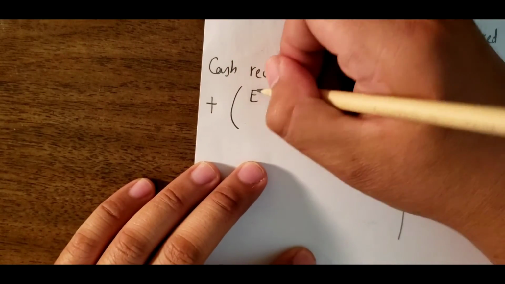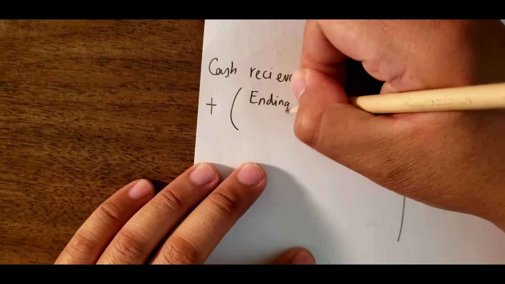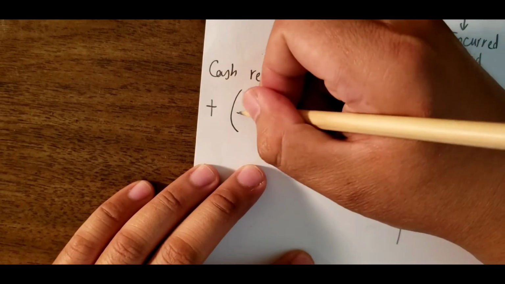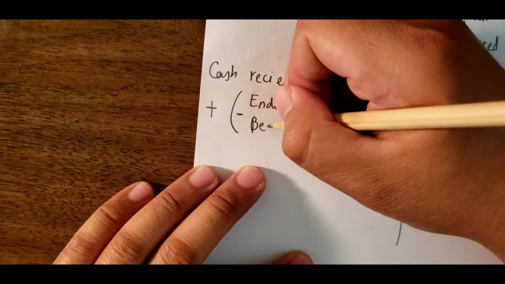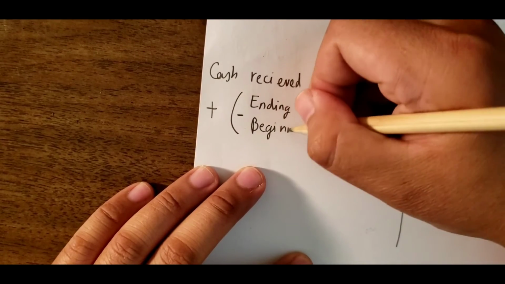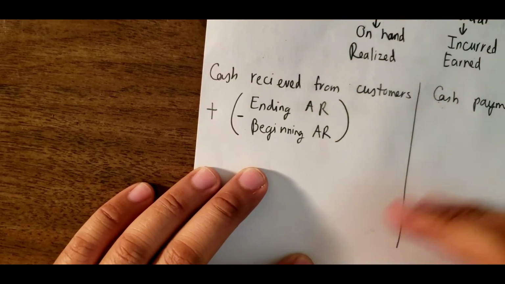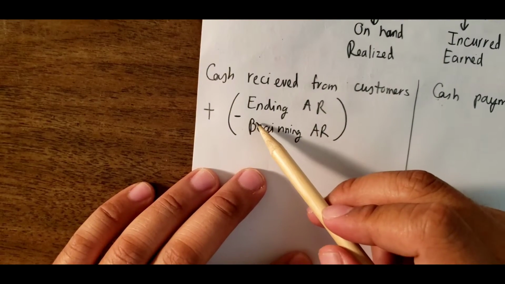First we have ending account receivable minus beginning account receivable. Why do we need to do it like this?